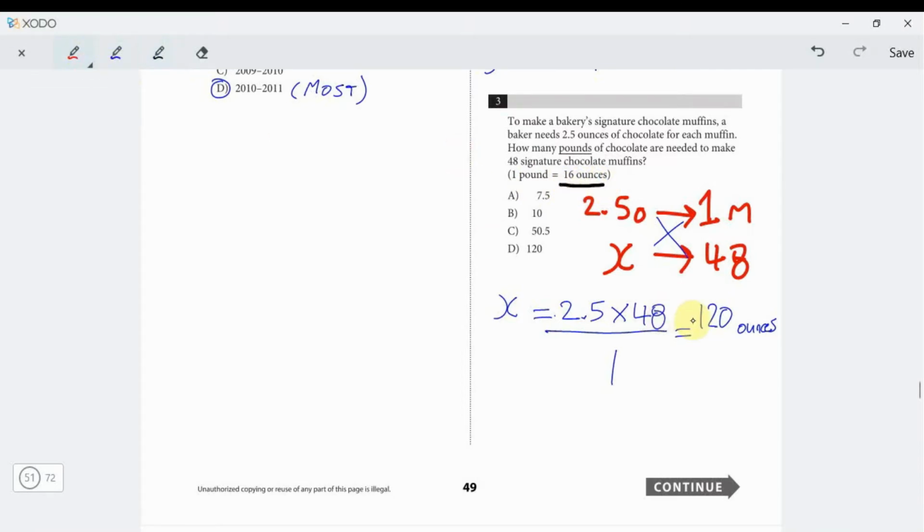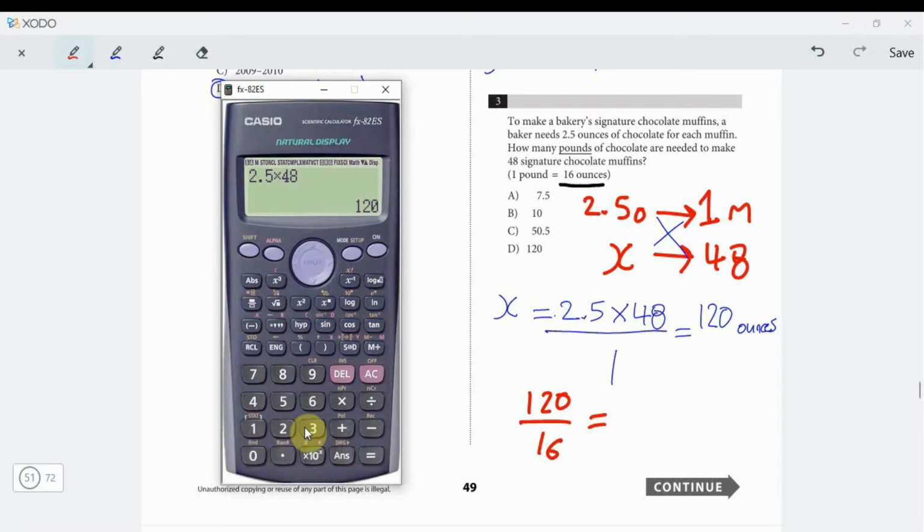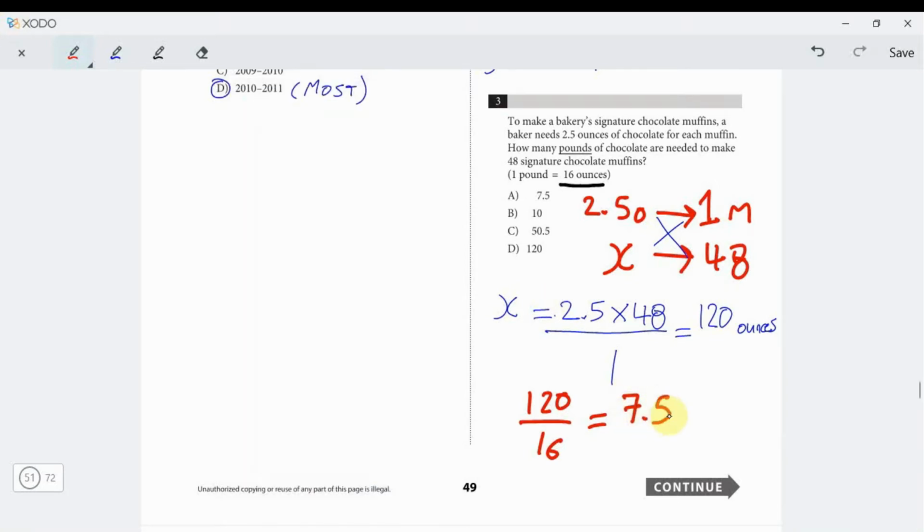So when you get your answer, you have to then divide it by 16. 120 divided by 16 will give you how many pounds it is. 7.5. So 7.5 pounds of chocolate are needed to make 48 chocolate muffins. That's a lot of chocolate.